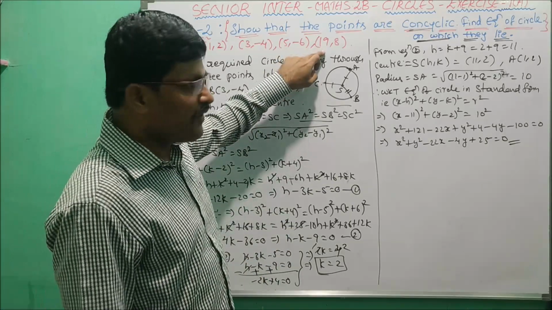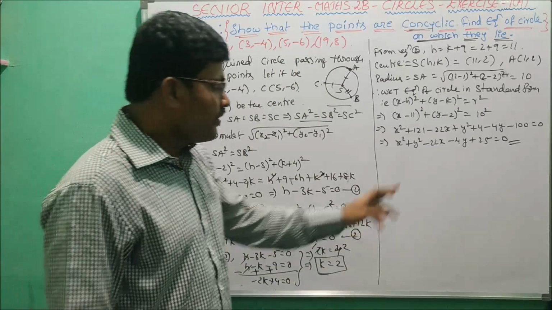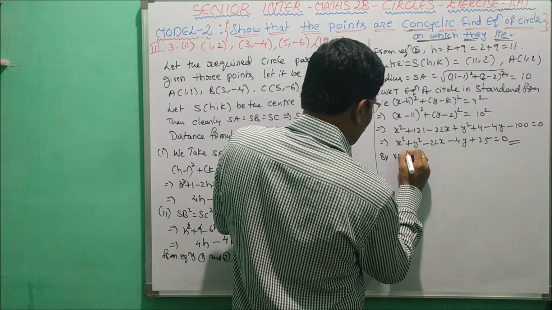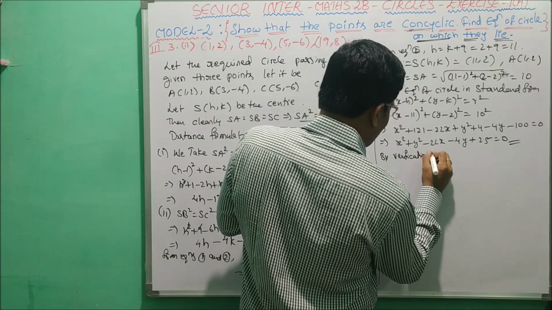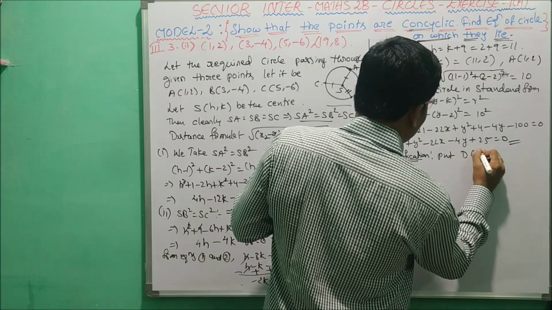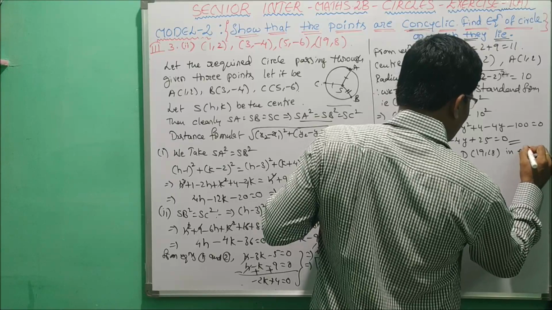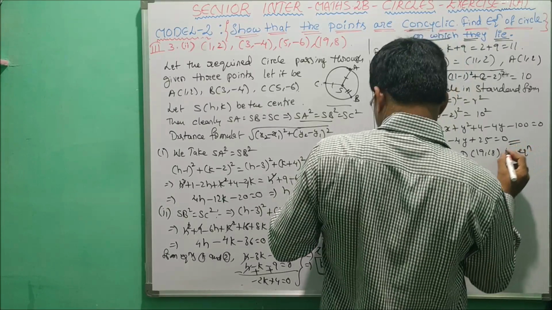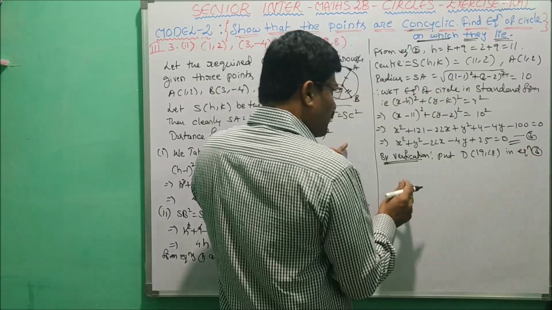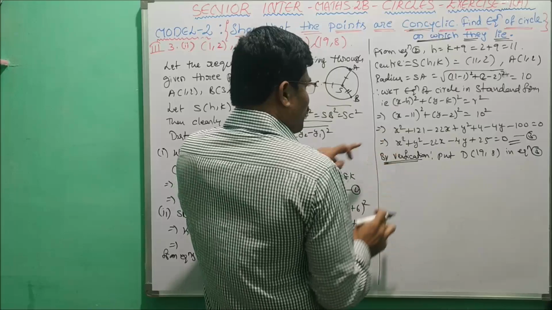Now to verify whether the fourth point is satisfied or not. So by the verification method, put the fourth point D, (19, 8), in equation 3. This is equation 3. So here substitute 19 and 8 in equation 3.